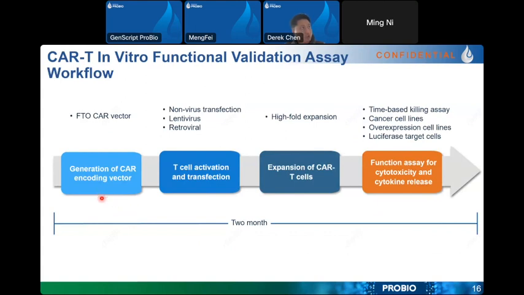The general workflow of a CAR-T in vitro functional validation starts from vector design, followed by T cell transfection, expansion, and ends up with functional assays. The whole process takes about 2 months.